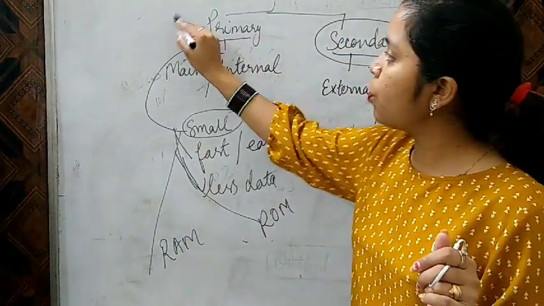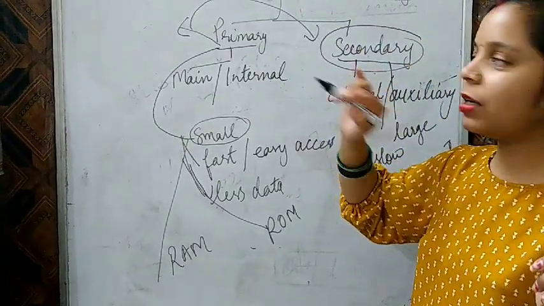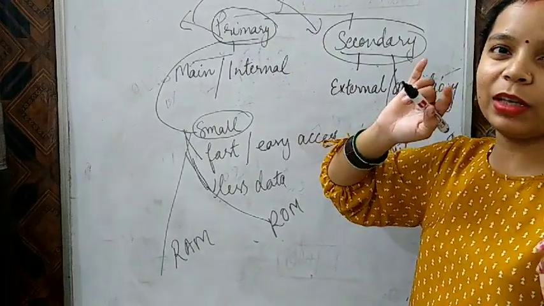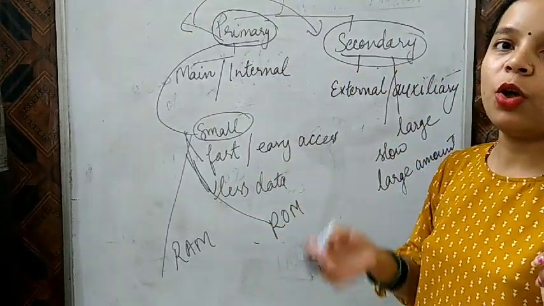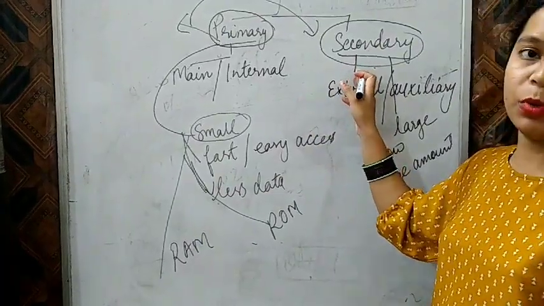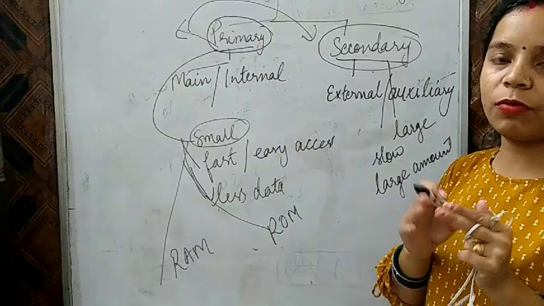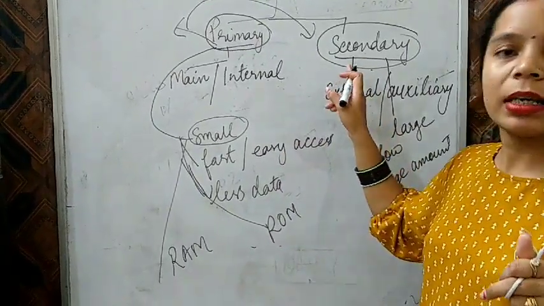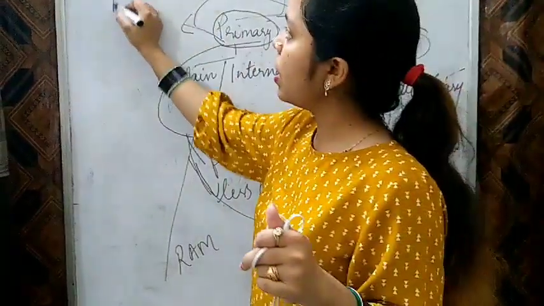Primary memory is small, that's why we need secondary memory, because in a computer we cannot store all the information in primary memory. It is very small. So to store more information we use secondary memory because it is large. If you have to store a large amount of information in the computer, we extend the memory and use secondary memory.